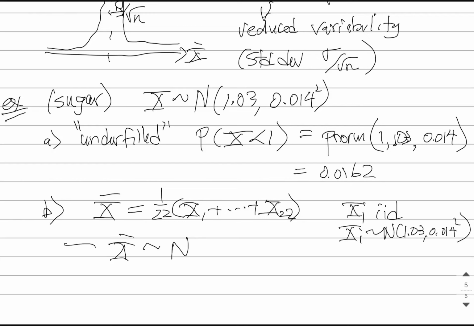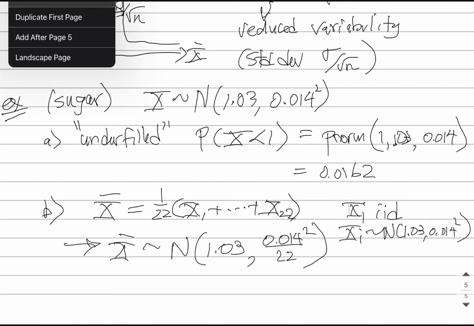It will turn out that the average is also a new random variable. It's normal, so it's going to have the same expected value of 1.03, but the variance will be significantly smaller, by a factor of 1 over 22.